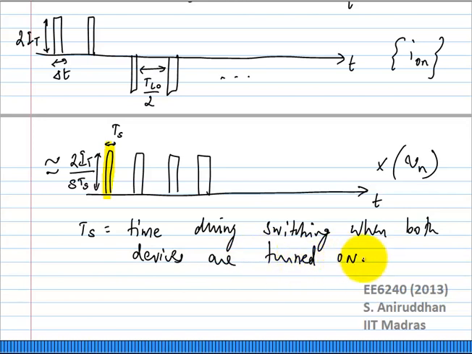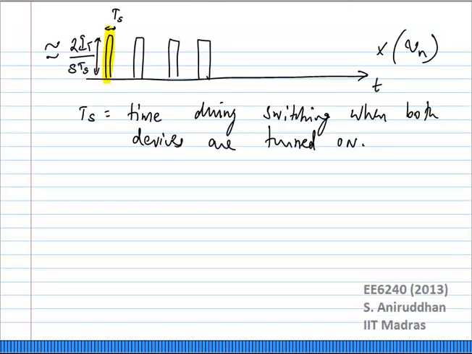This is not something you choose. This is something which, when you design your LO pair, you can actually find out how long they take to switch. This is calculated from the IV characteristic of the switching pair.